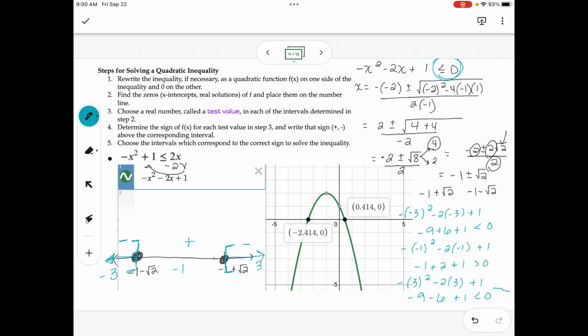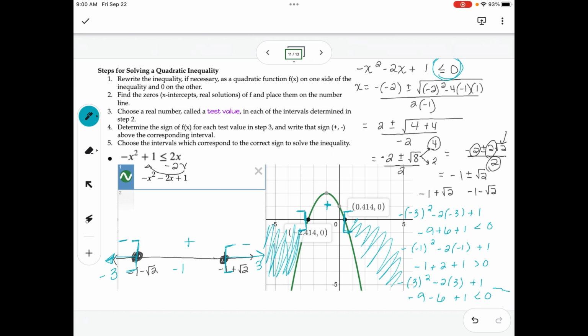It tells us that they're solid, but we have to look at the inequality to verify whether they should be solid or open. And then I notice that my y values are negative over here, positive in the middle, and then negative over here. So when I'm looking at my inequality, it's going to be outside, not in between here and here.